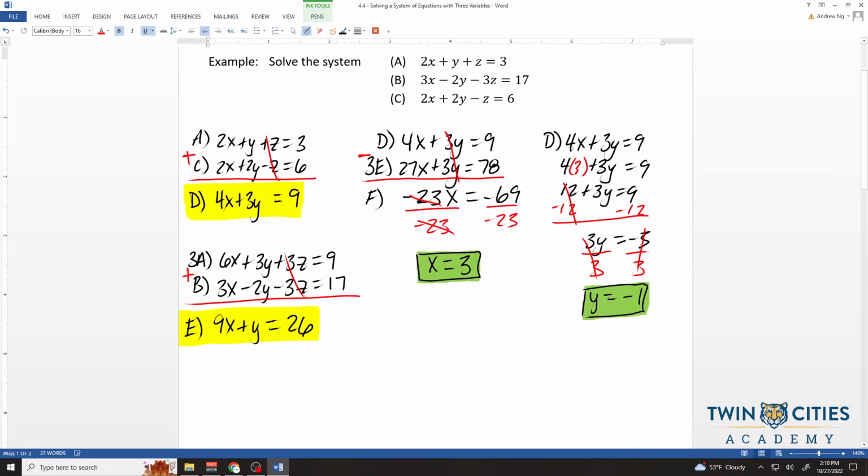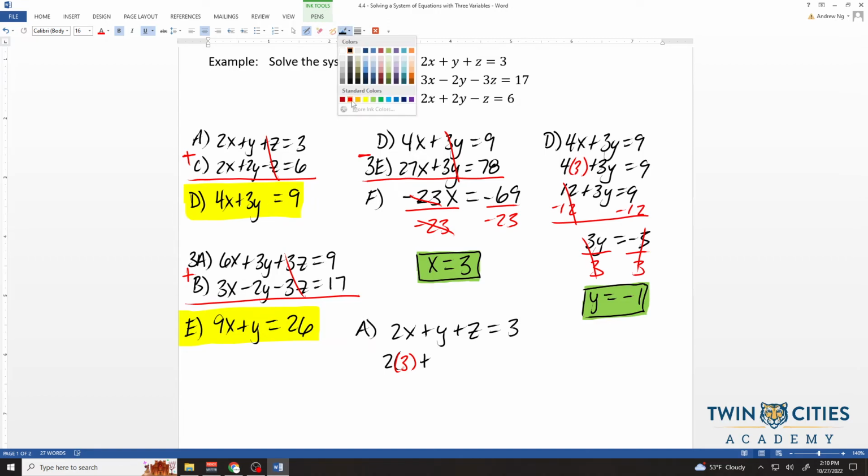So let's do equation A. A is 2x plus y plus z equals 3. And I now know that x is 3, so this will be 2 times 3, and then plus y is -1, plus z equals 3.